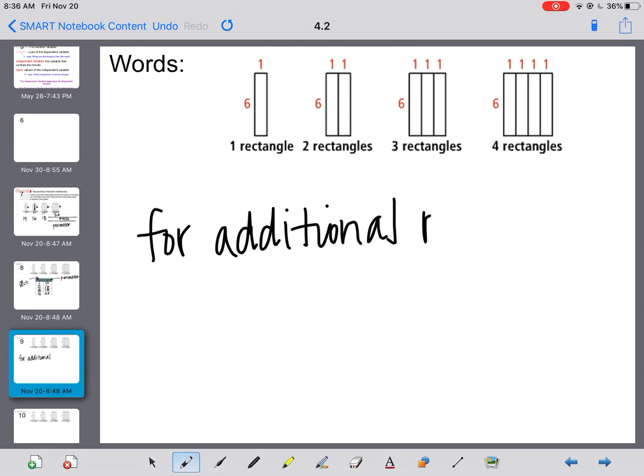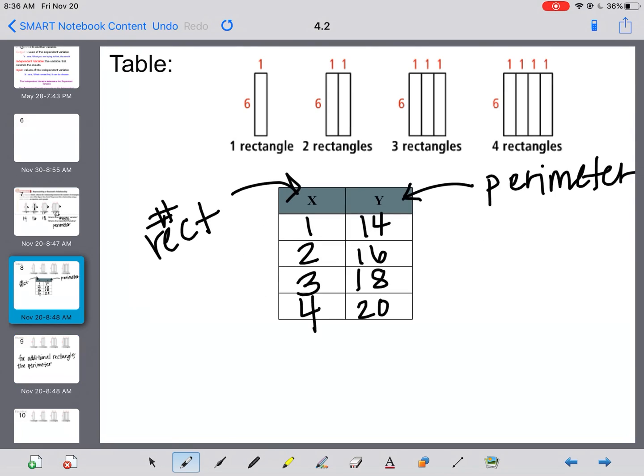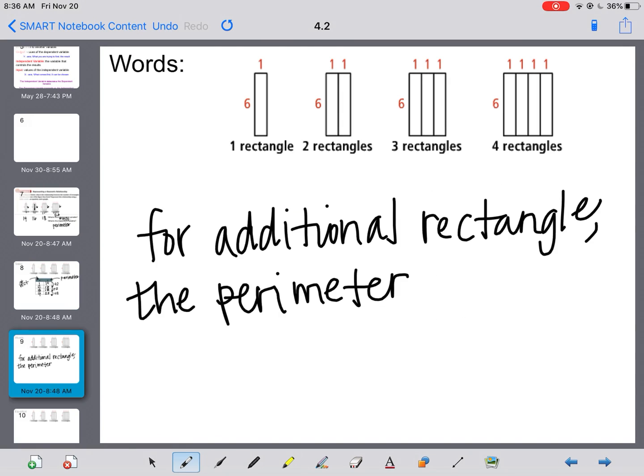Then we have to write it in words. Okay, so we know that for each additional rectangle, what happens to the perimeter? Does it get bigger? Does it get smaller?